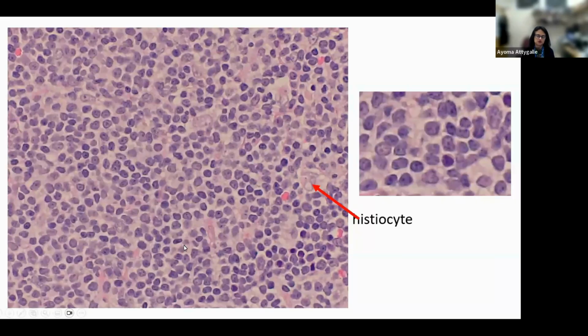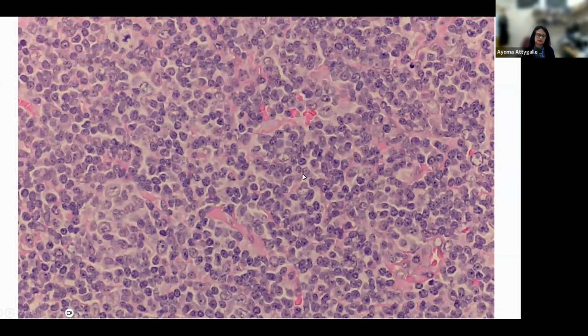And if you look at it closely, there are interspersed scattered histiocytes, and these histiocytes don't contain nuclear debris, so they are not tingible body macrophages. And if you look at it even closer, you see that these are fairly uniform to look at, and the nuclei often have this indented or fish mouth appearance. The nucleoli you can see very tiny, so they're essentially inconspicuous.